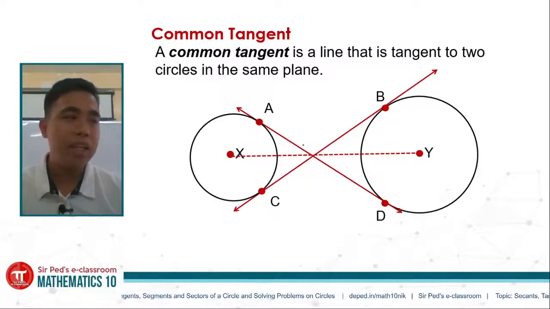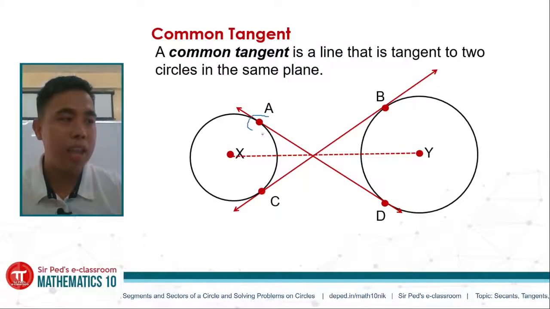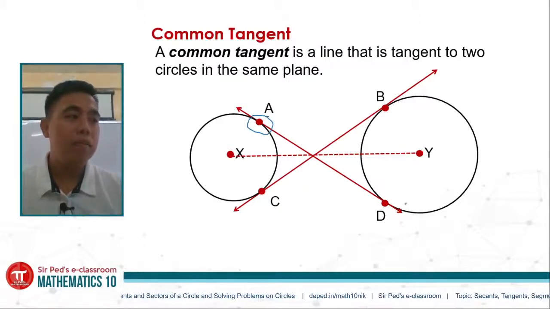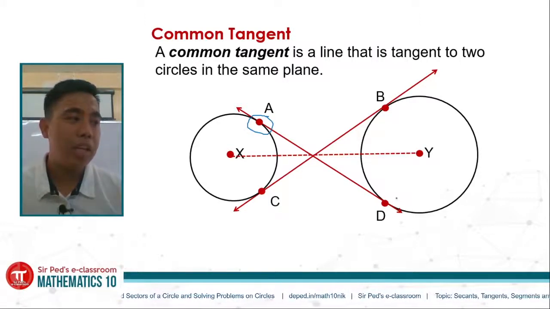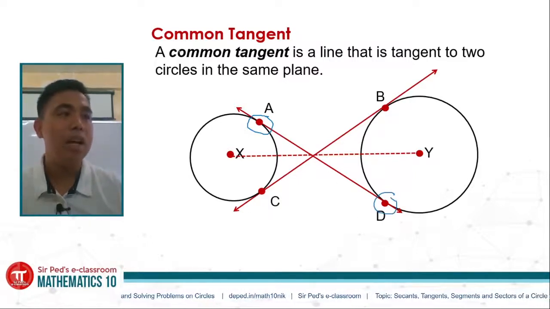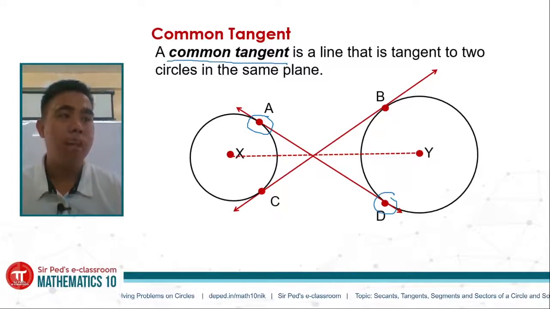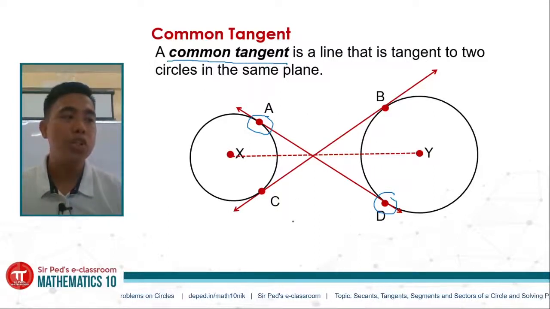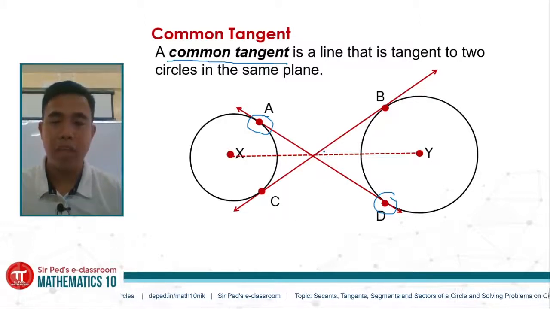This line AD intersects circle X at A, and the same line AD intersects circle Y at D, then line AD is an example of a common tangent. Also line CB is a common tangent.